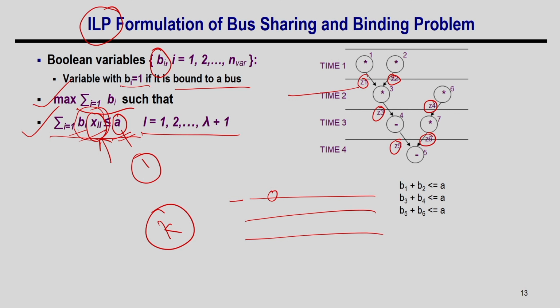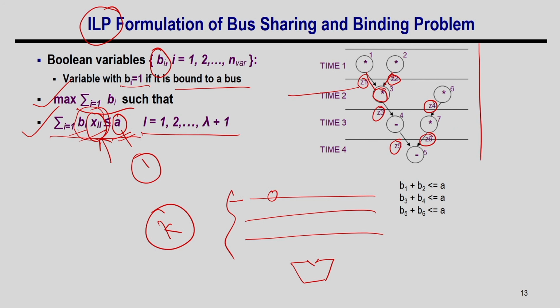So, let me take the example here. The variables are Z1, Z2, Z3, Z4, Z5, Z6, and I am discussing the mapping of these to the FU input. There are buses at the FU input. Z1 and Z2 need to be transferred to the FU input in timestamp 2.